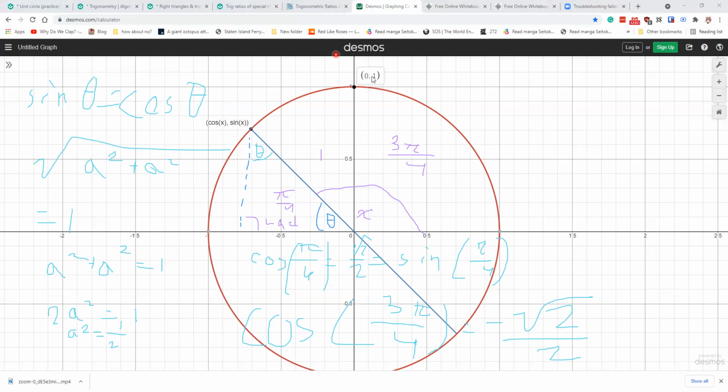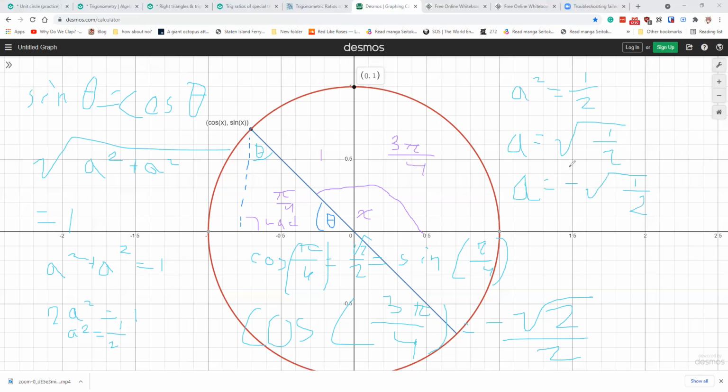One other way to think about this is, do you remember, look back at when we said a squared is equal to 1/2. Now, one of the solutions to a squared is equal to 1/2 is a is equal to square root of 1 over 2. But the other solution is that a is equal to negative square root of 1 over 2.